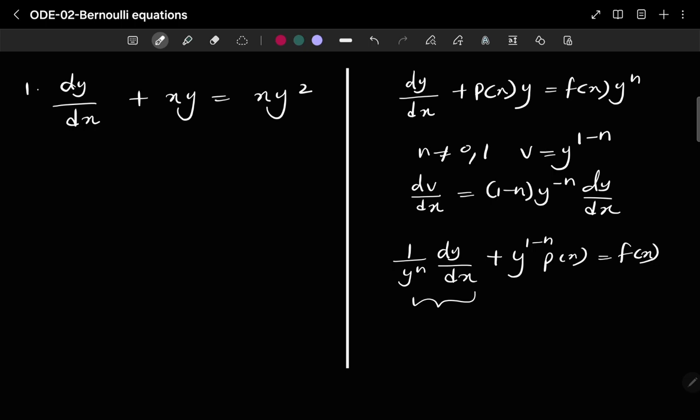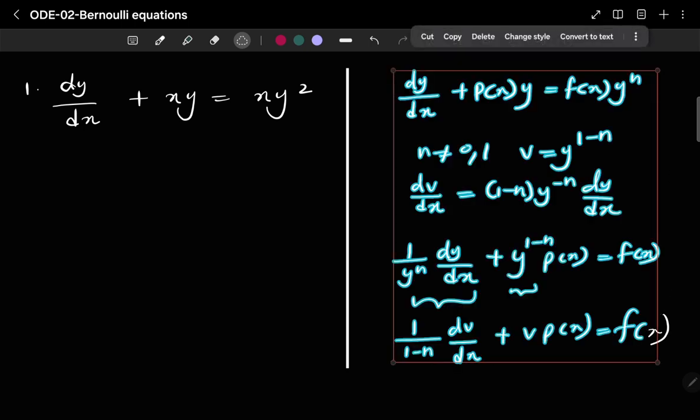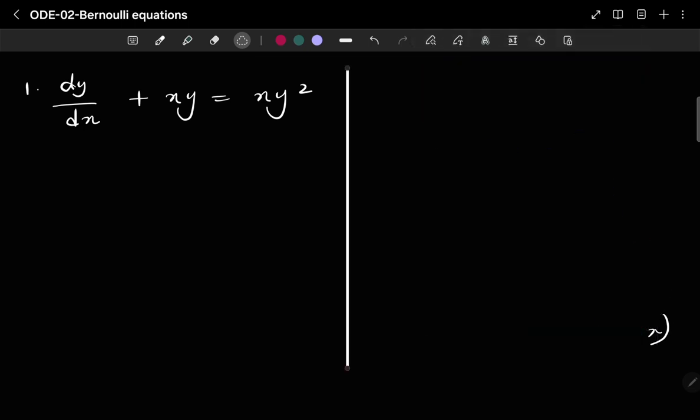Here we can write this as 1/(1-n) dv/dx + v p(x) = f(x). Likewise we can reduce this to linear form, and then we can take the solution as for linear equations.